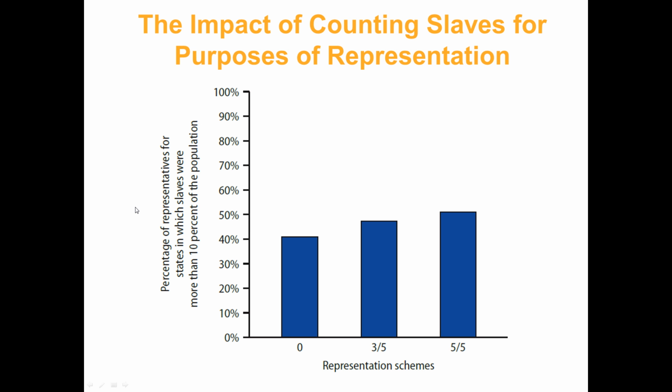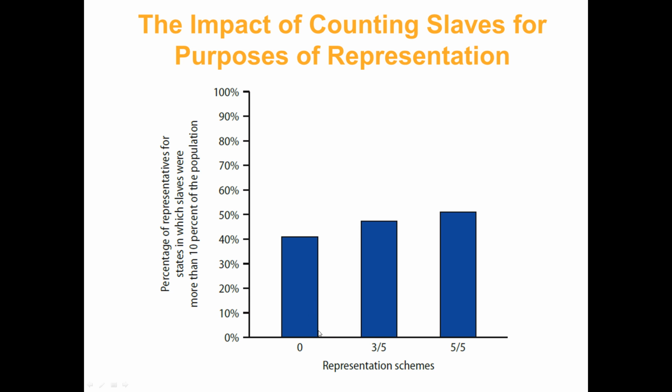It's the fraction that balances the amount of representation in Congress that the southern states have compared to the northern non-slave-holding states. What this chart is showing is various different schemes of representation as it pertains to slaves. 0 would mean they're not counted at all for representation. 3/5 is the number we eventually arrive at. And 5/5 is if they're counted fully, the same as a citizen.